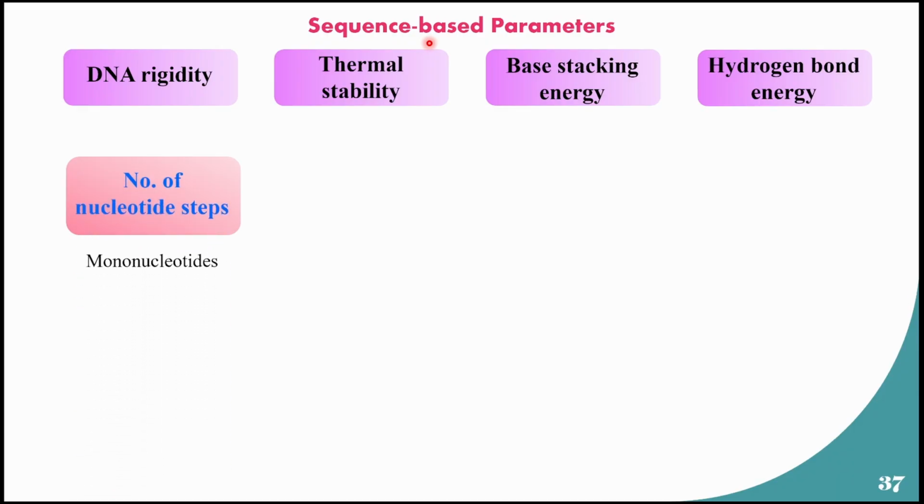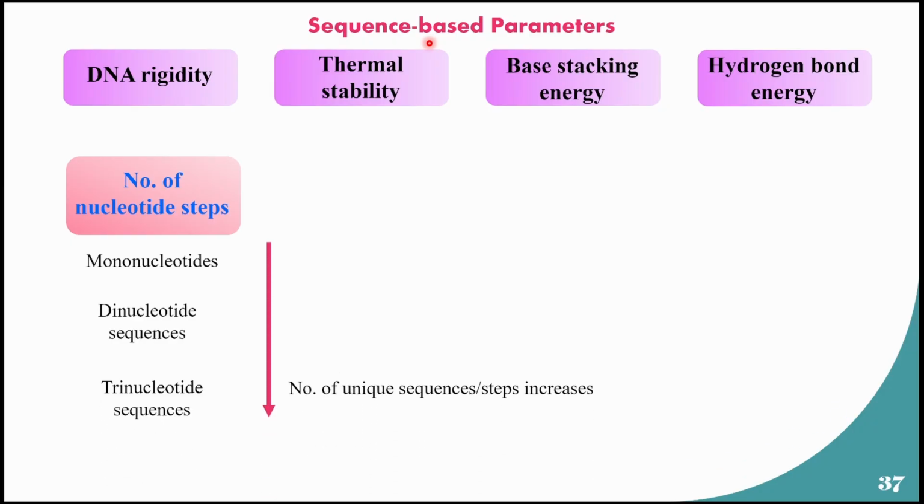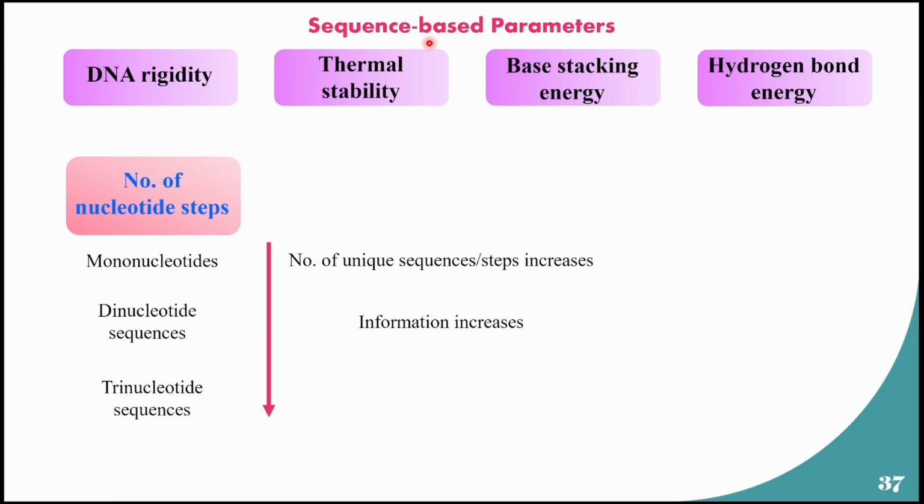So basically, the number of nucleotide steps. This particular slide is talking about how many nucleotide steps you should include in your calculation for different parameters. For example, should you have information regarding just mononucleotides, or dinucleotide sequences, or trinucleotide sequences?